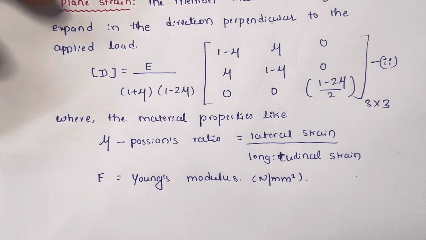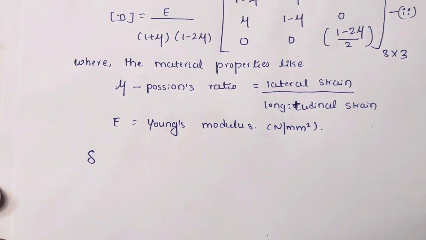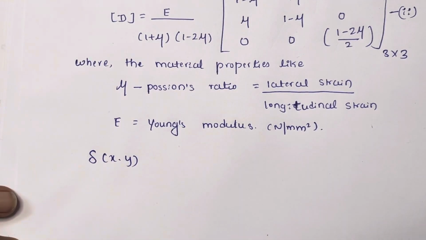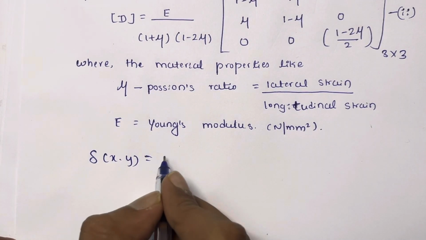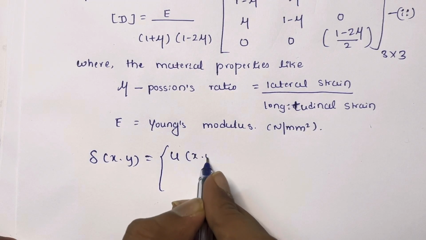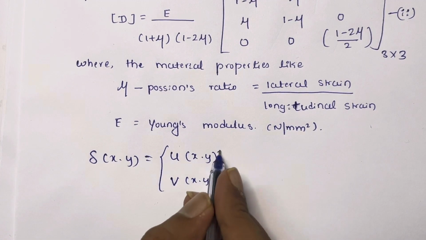Now if you want to consider any point, suppose delta, the elongation, we need two coordinates, x comma y. That can be written as u in the direction of u at point x, y, and v in the direction of v at x, y.